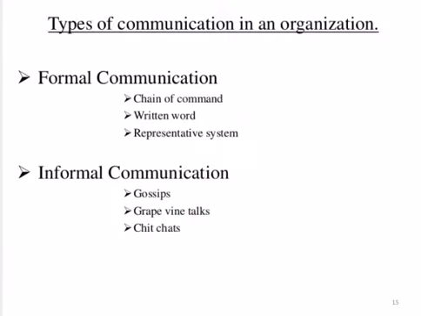So the types of communication within the organization can be considered as formal communication and informal communication. So kapag formal communication, ibig sabihin we have the chain of command. So ibig sabihin, meron tayong direction, from the top management to the employees, merong series or meron tayong respect of the decision making or pagbibigay ng information. We have the written word, so written documents na ginagawa natin.